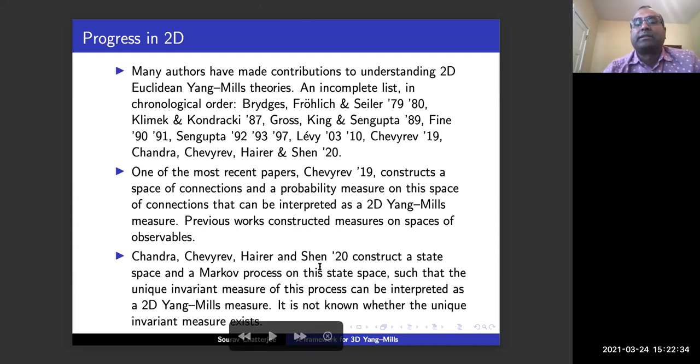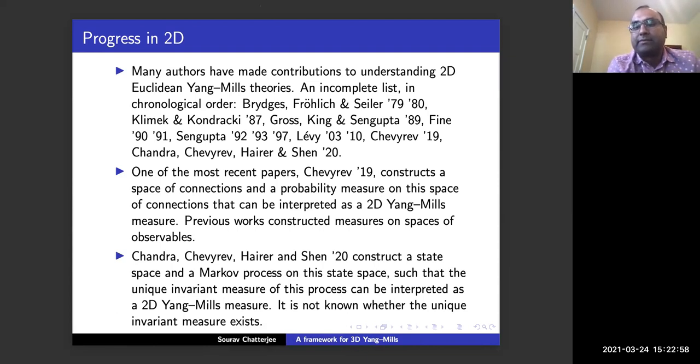And there is also this more recent one by Chandra, Chevyev, Hara, and Shen. They construct a state space and a Markov process on the state space such that the unique invariant measure of this process can be interpreted as a 2D Yang-Mills measure. There is this approach of Parisi and Wu from the 80s called stochastic quantization, which tries to define the measure by defining a stochastic process, which gives the Langevin dynamics for that.